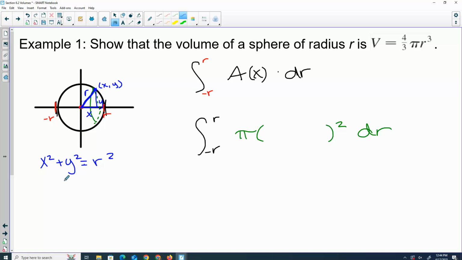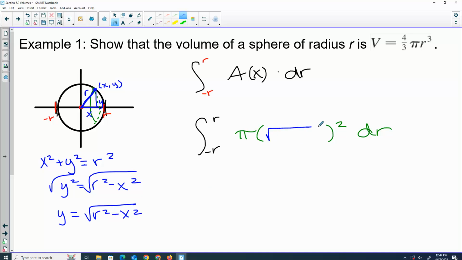So if I solve for my y, square root plus and minus, but we're looking at just the positive. So it's the square root of r squared minus x squared. So that is the radius, and that would be my formula that I would put in here, to find the area at any given point for that cross section.